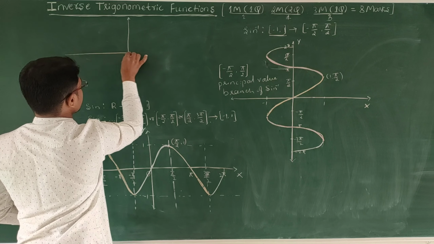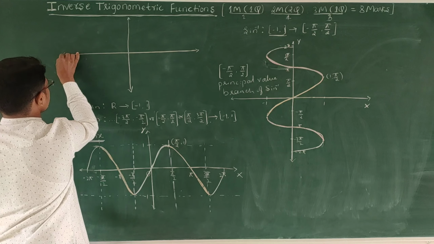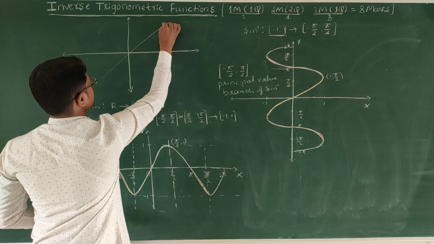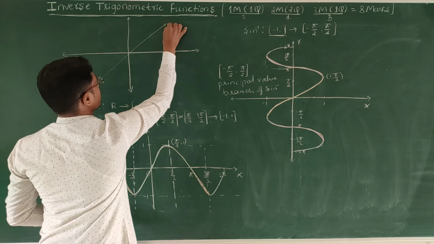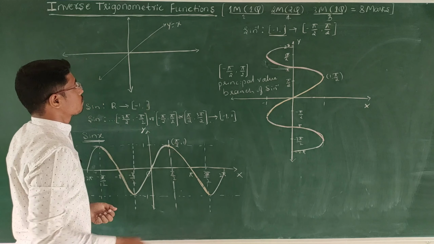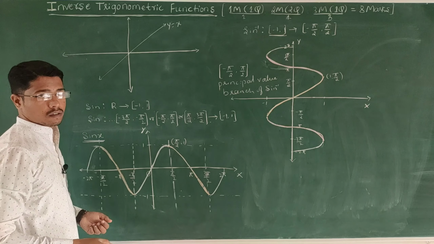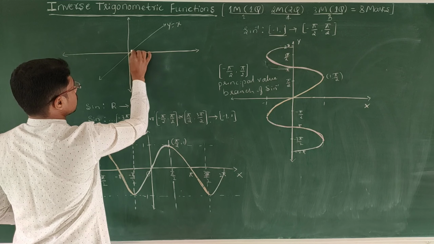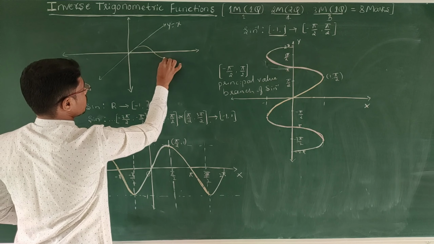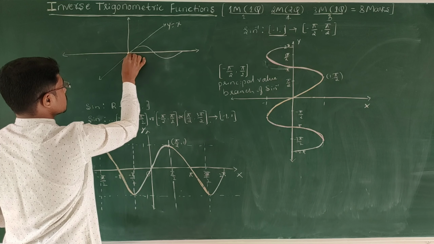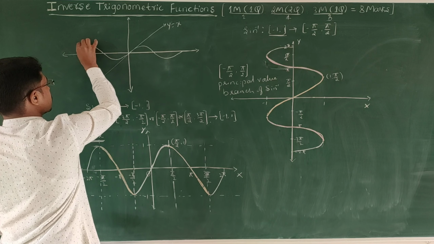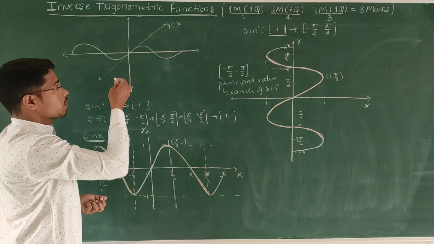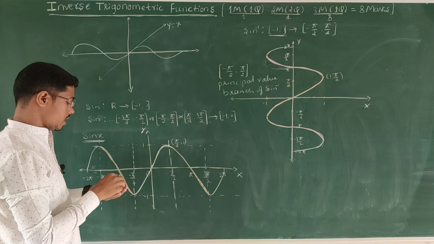I will draw this straight line y equals x, which passes through the center. Now just draw the graph of the sine function. This is the graph of the sine function, right? And in this same graph, now draw the graph of the sine inverse function.